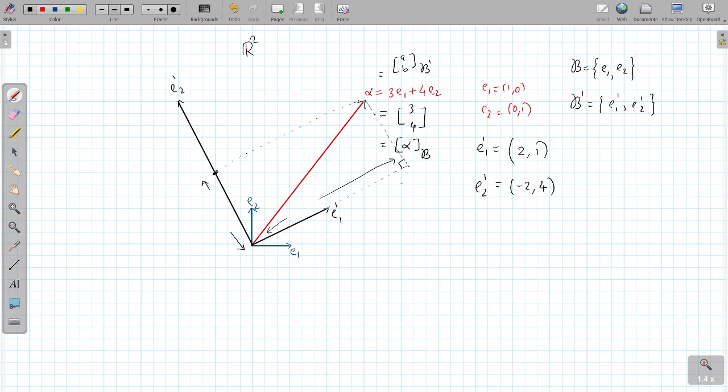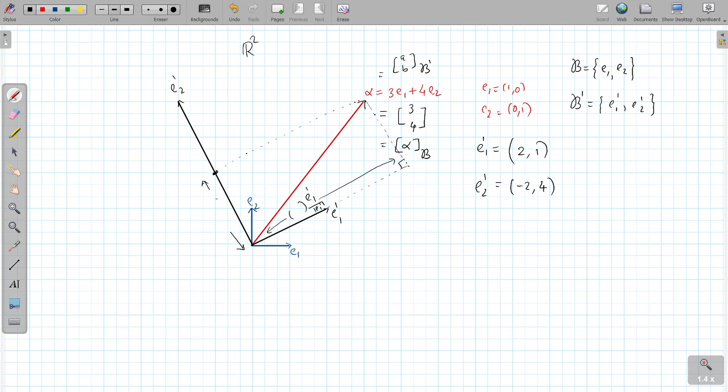Okay, so in order to get this, if this is alpha, this is the shadow of this vector on e1 prime. Then in order to get this length, first we need to set the unit vector along this direction, e1 prime, and we need to multiply with this length.